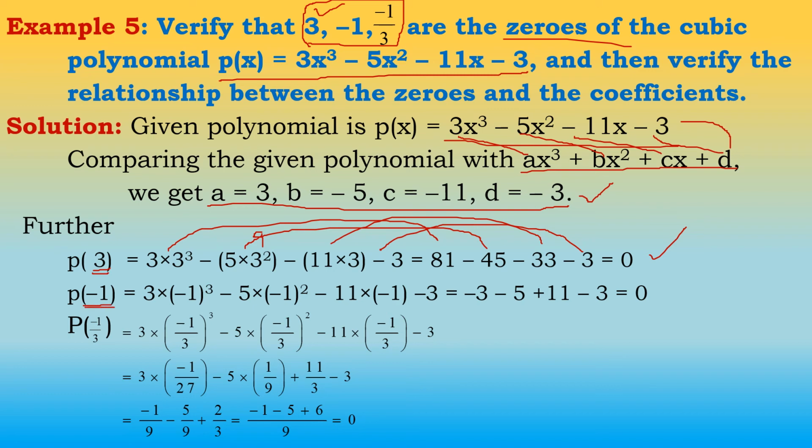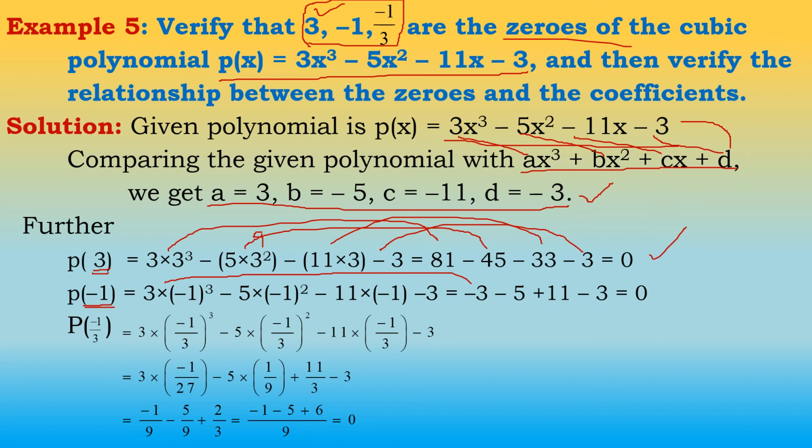Next, let us replace x with minus 1. So in the entire polynomial, the value of x is replaced with minus 1. So 3 into minus 1 whole cube, minus 5 into minus 1 whole square, minus 11 into minus 1, and minus 3. Minus 1 whole cube is minus 1, so 3 into minus 1 is minus 3.